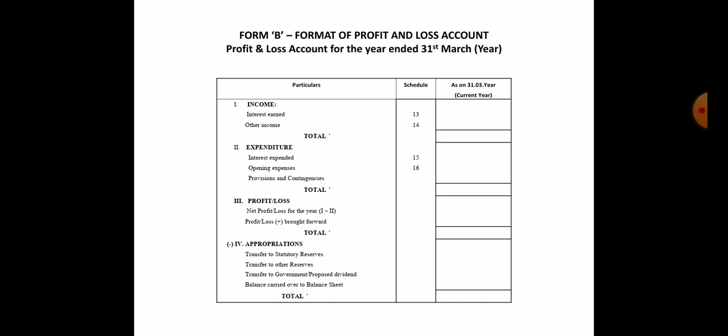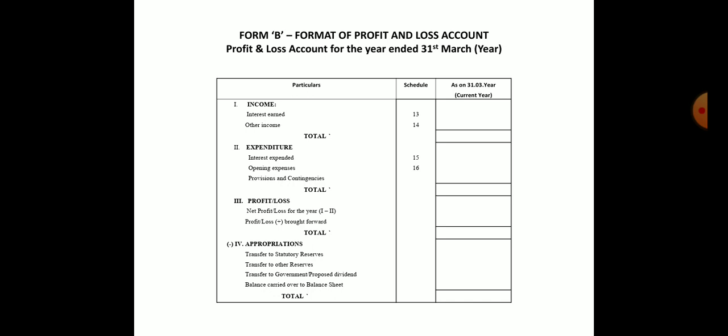The main expenditure is on interest that is paid on fixed deposits, saving deposits, current deposits, recurring deposits and so on. That is interest expended, which should be considered under schedule 15. And operating expenses and provision for contingencies should be prepared under schedule 16.